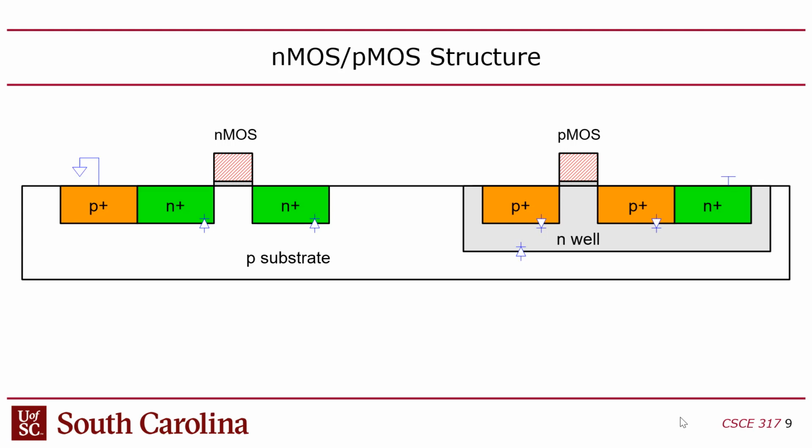You guys with me? Okay, so now here's the issue though. In the case of a PMOS, remember I said over here with the NMOS you had to ground the substrate to make sure that the source and drain weren't going to connect electrically to the substrate. In the case of a PMOS, you have this N well, but you have to do the opposite. You have to bring the N well up to VDD, because you want to make sure that no current flows across the channel when the transistor's off.